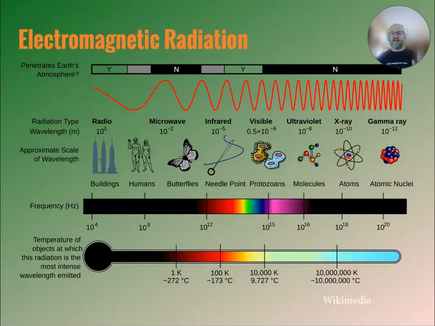So all of our visible light, our different colors, are based on their different wavelengths, and you can match up an exact color to an exact wavelength of light that produces that color when your eyes absorb it.